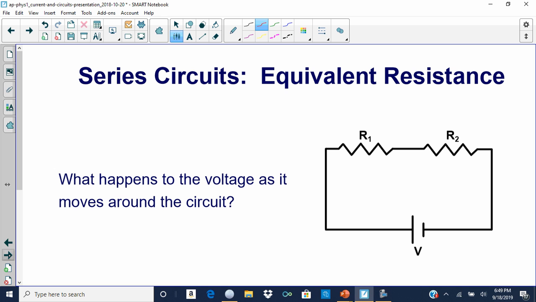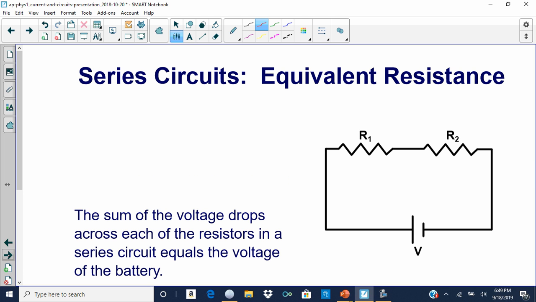What happens to the voltage as it moves around the circuit? Now, this is a little different. The sum of the voltage drops across each of the resistors in a series circuit is equal to the voltage of the battery.